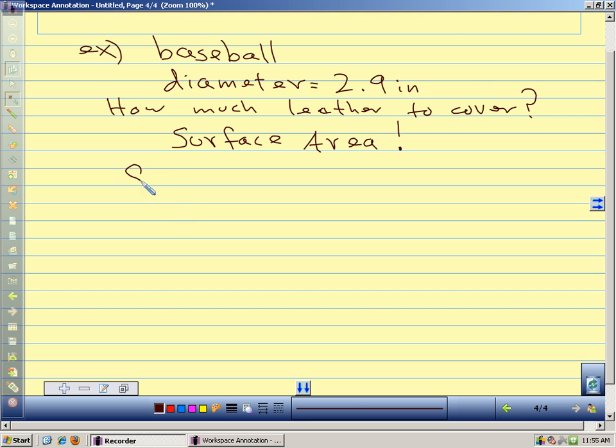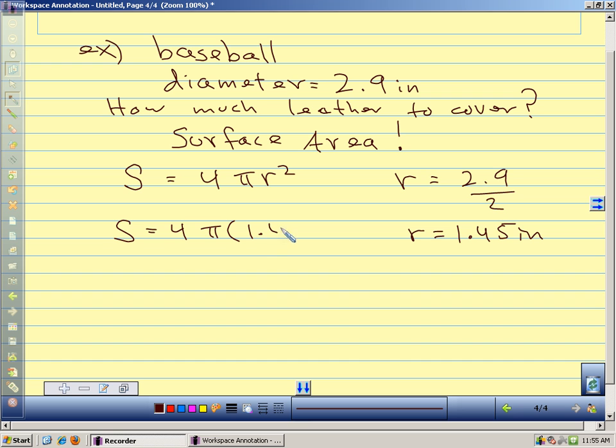Are these questions out of the book? Yeah. I thought you were just making them up. So our surface area is 4 pi r squared. We have the diameter, so the radius is half of that, 2.9 divided by 2. So the radius is 1.45 inches. So I'm going to plug that into my formula. So the surface area is 4 pi times 1.45 squared.